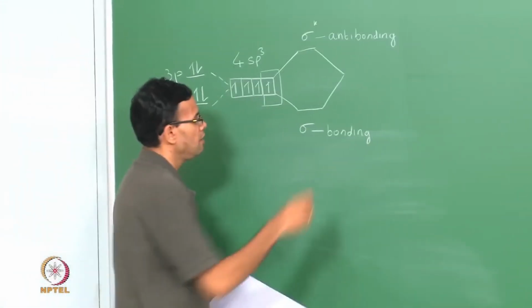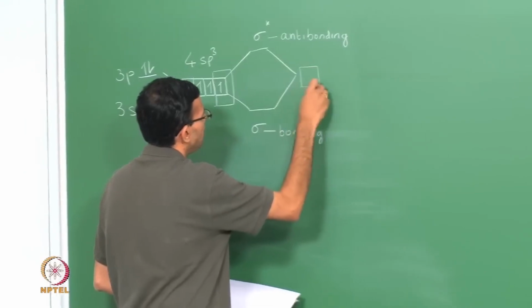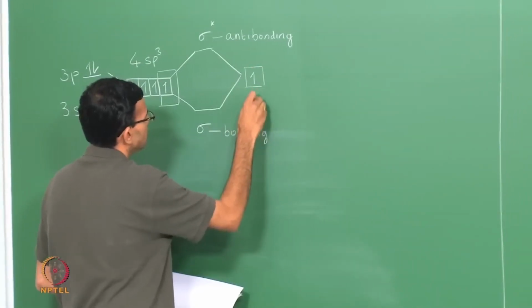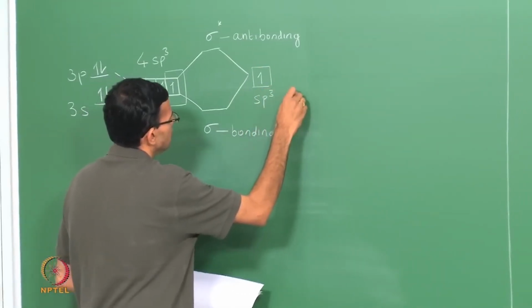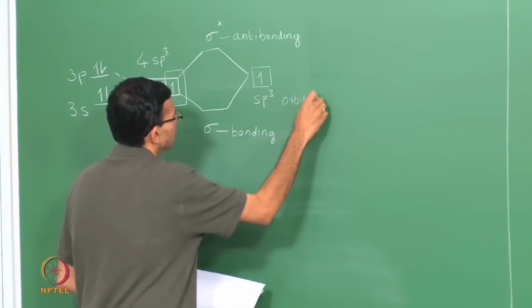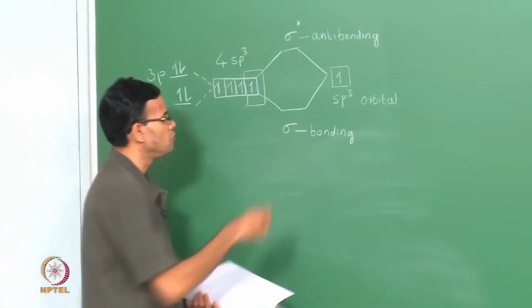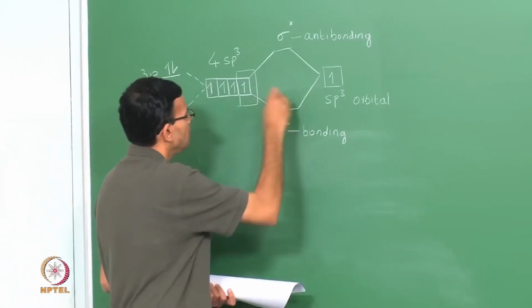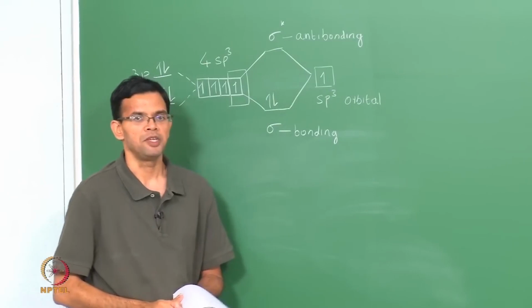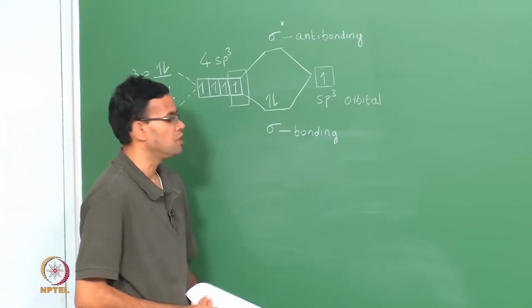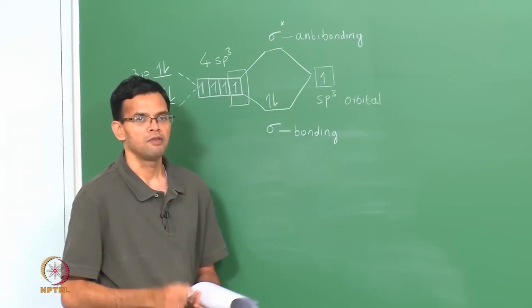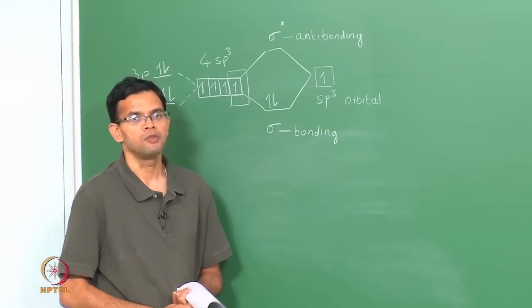And on the other side you have another sp3 hybrid orbital. So you have 2 electrons, both electrons go to sigma and sigma star is empty. So this is the picture we have when we have one silicon bond being formed.